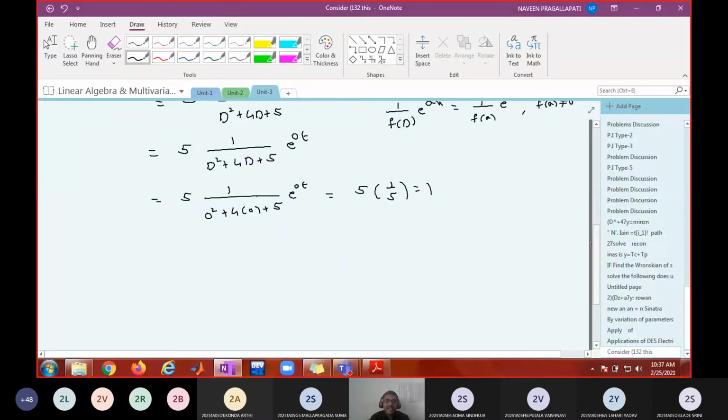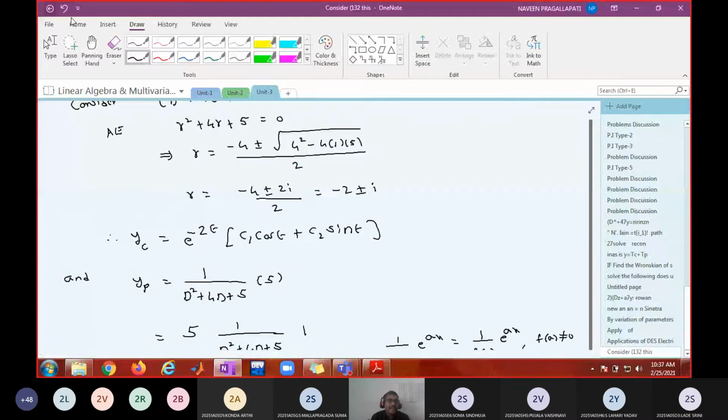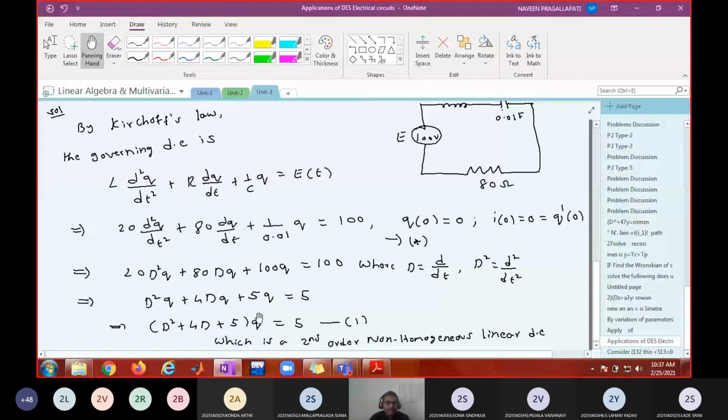The particular integral is 1. Therefore, the general solution is y equal to yc plus, sorry, it is not y. I think I made a notational mistake. What is the dependent variable here? Again, this is my blunder. What is the dependent variable here?